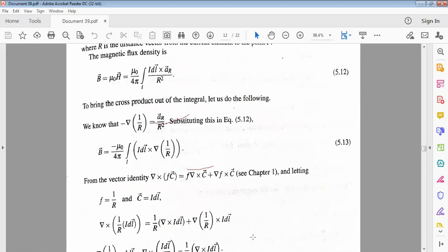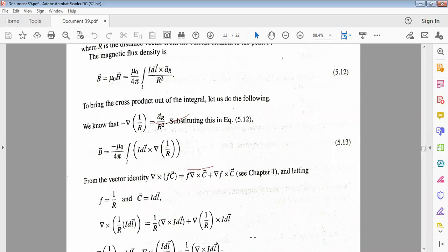Again, to bring the cross product out of the integral, let us do the following. We know that minus del of 1 by r, simply applying del. What is meant by del here?